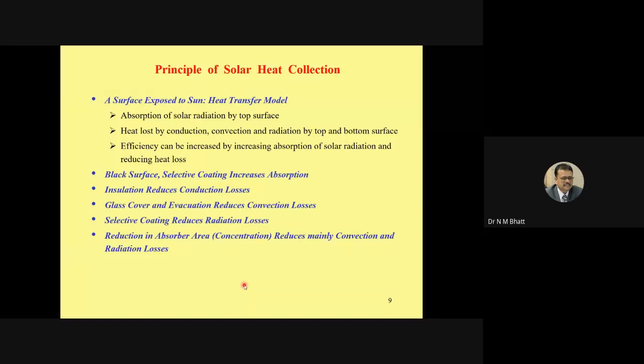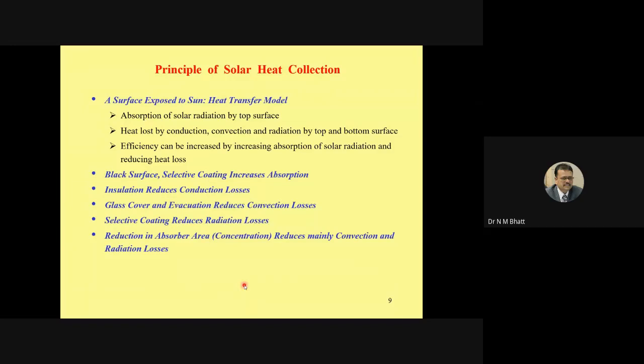Gradually we will understand how this loss can be minimized one by one. The simple definition of efficiency is output divided by input. So the efficiency can be increased by increasing the absorption of solar radiation and by reducing the heat loss. How can we improve the efficiency?